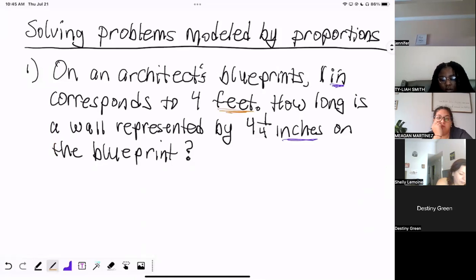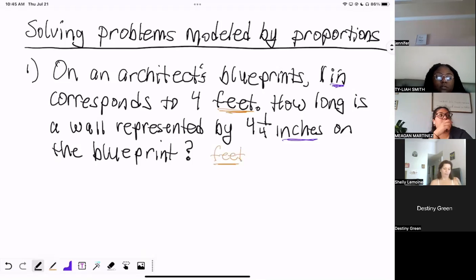My answer has to be feet, because inches on the blueprint correspond to feet in actual size. So I'm looking for feet.